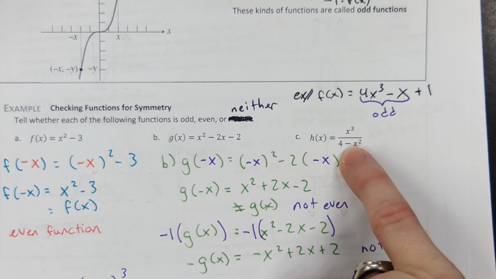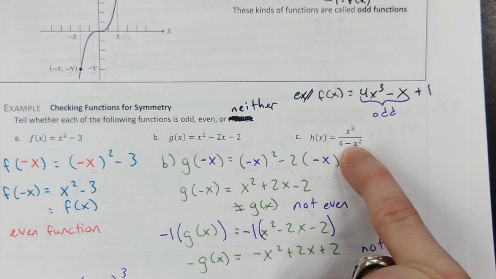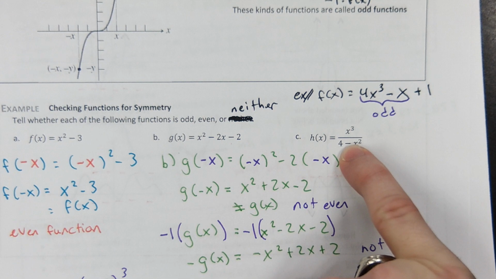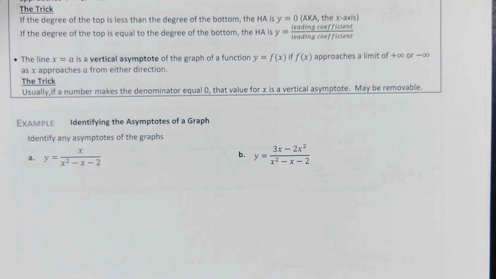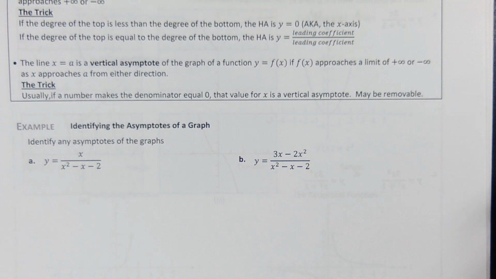The leading coefficient down here is -1 because it's in front of the x with the biggest exponent. So we just have to watch for order. But anyway, if the degree of the top and the degree of the bottom match, then you just do leading coefficient over leading coefficient. So it's not bottom heavy, it's not top heavy. That is how you find your horizontal asymptotes. Cool beans?